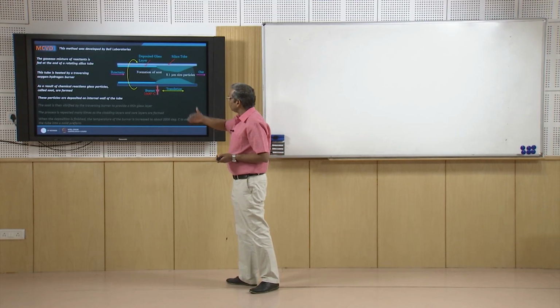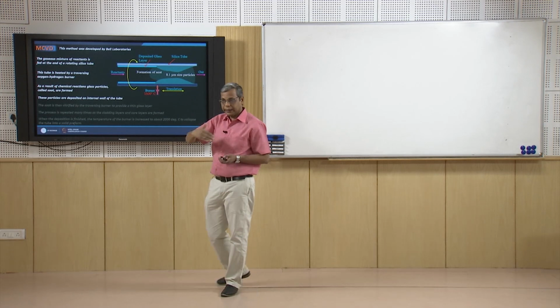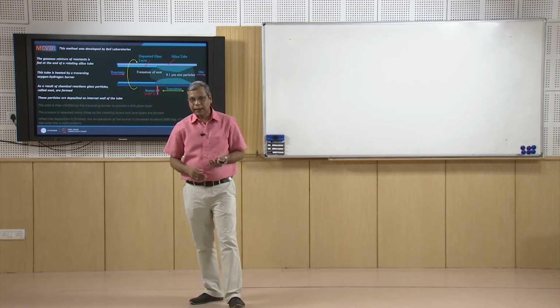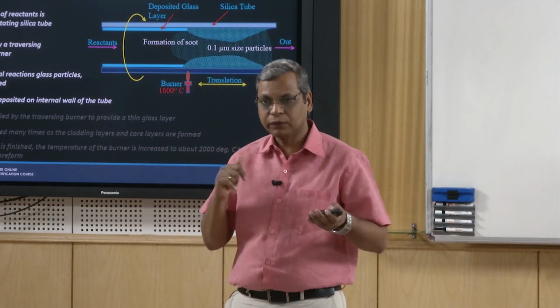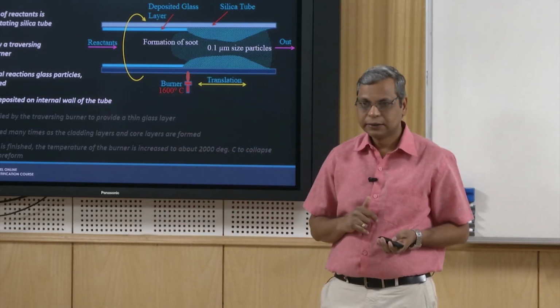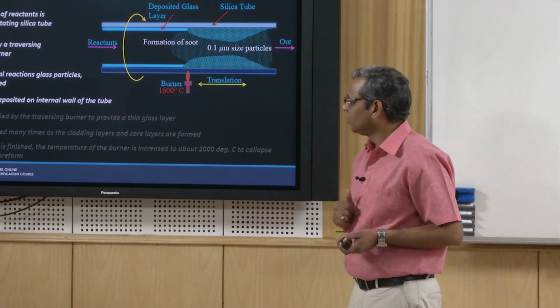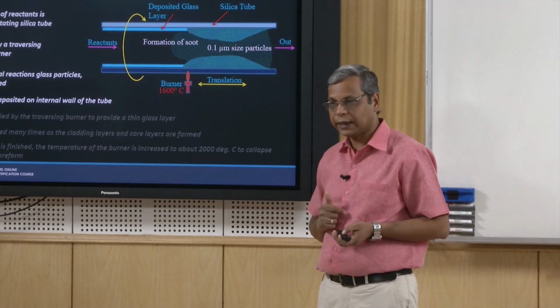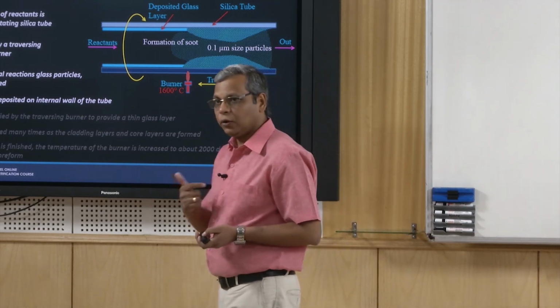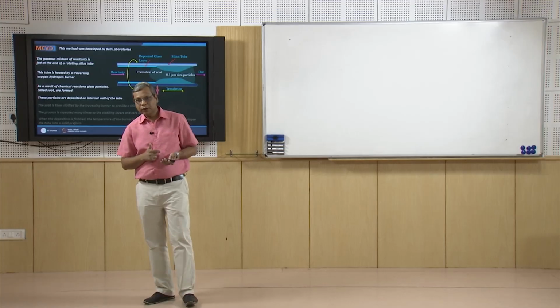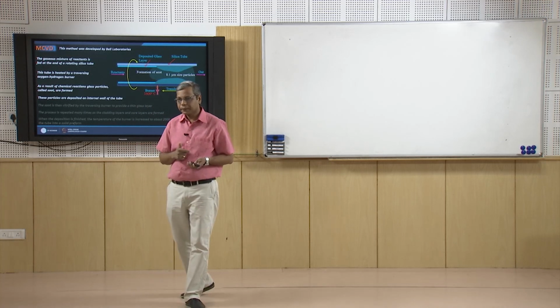So you keep on depositing cladding layer by layer, and when you think that you are done with depositing enough cladding layers to have the required thickness of cladding, then you start depositing core layers. For core layers you need to dope germanium.